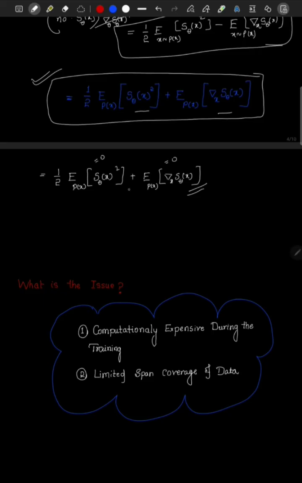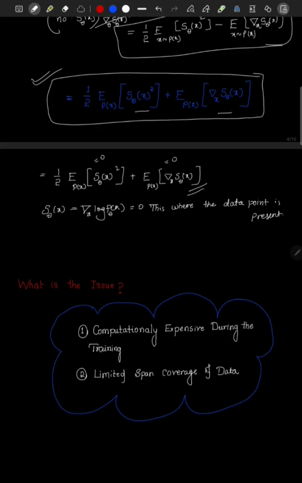What does the first term signify? s theta of x squared equal to 0, where s theta of x is basically the gradient of x log p theta of x. That means if this is 0, this is where the data point is present, right?